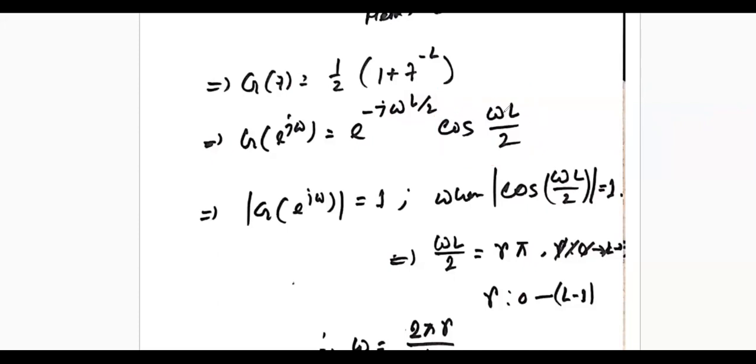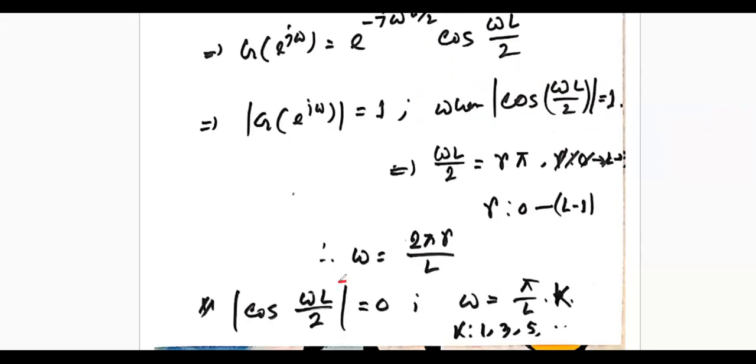Now, if you want to find where the zeros are and where the maxima are: at the maximum, the magnitude is equal to 1. From there we find this condition for the maximum, where r takes the values 0, 1, 2, 3 up to L minus 1, and L is an integer.